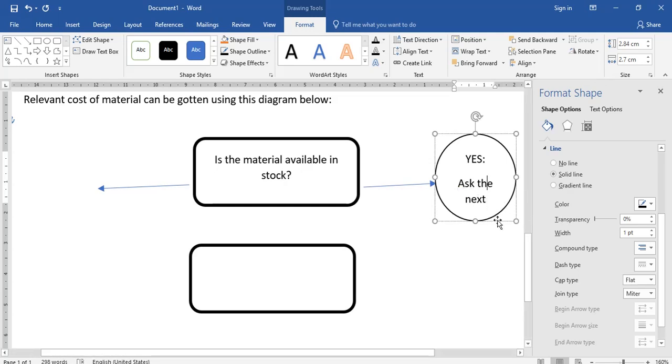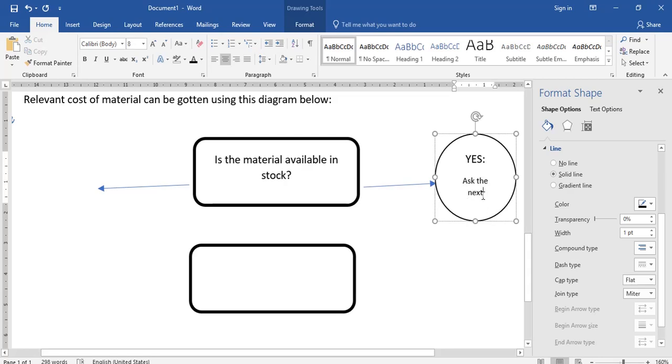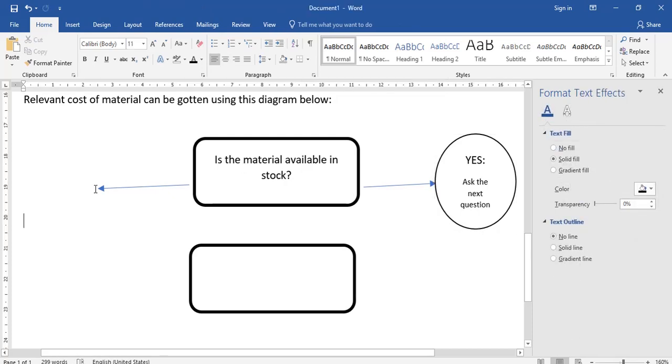Let me make it small, size 8. Ask the next question.